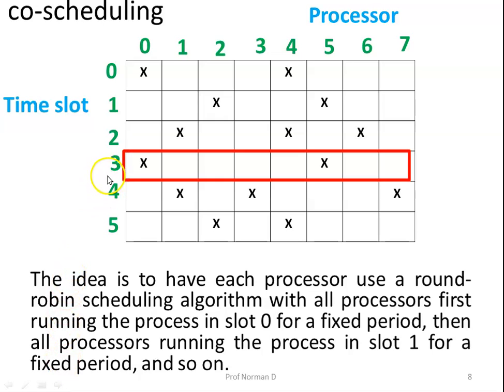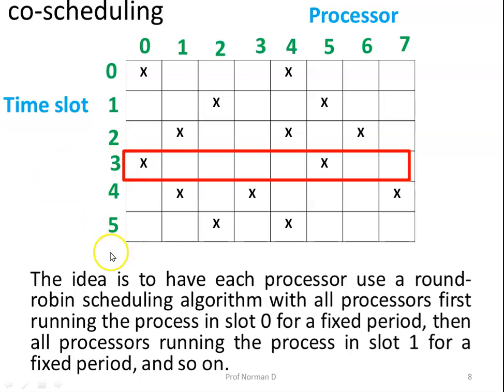With respect to the rows, row 3 is the collection of all the processes that are in slot 3 of some processor, starting with the process in slot 3 of processor 0, then the process in slot 3 of processor 1, and so on.